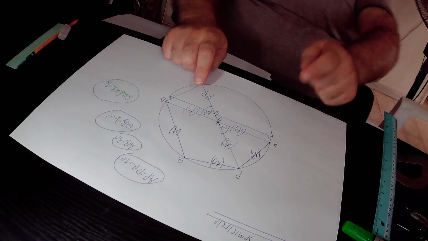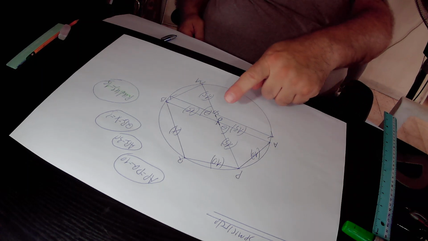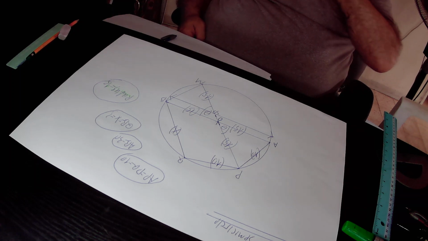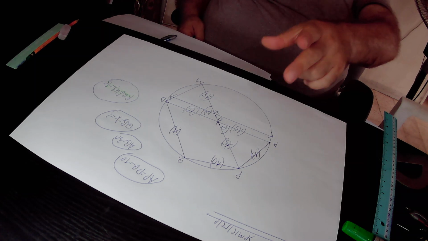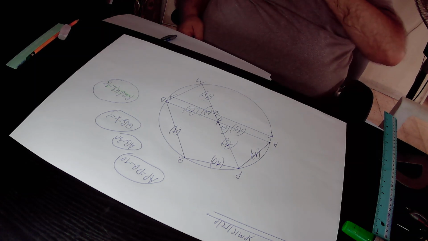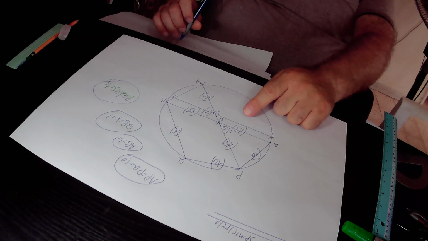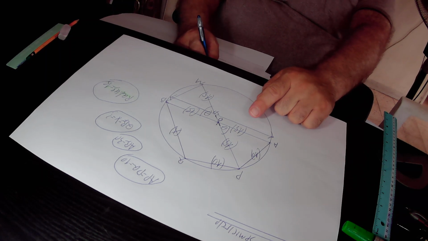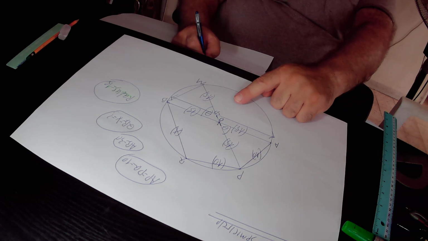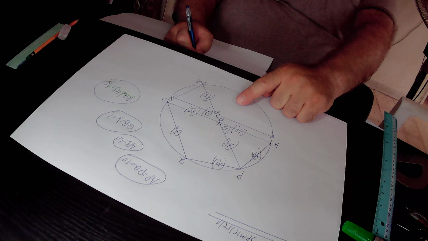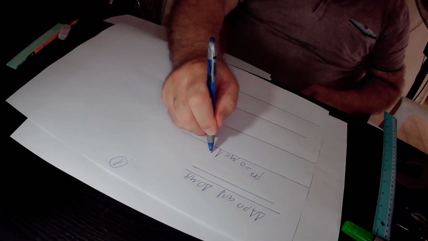Why are those two triangles congruent? First of all, side PO of triangle APO is equal to side OM of triangle OMB. They are both radii of the circle, equal to 15 units in length, therefore they are equal to each other. So I write it down: side PO of triangle APO is equal to side OM of triangle OMB.